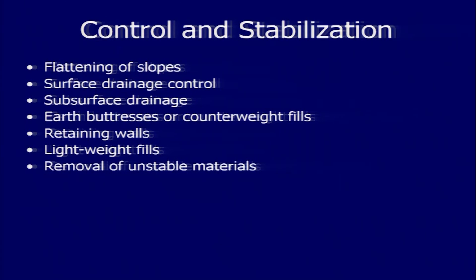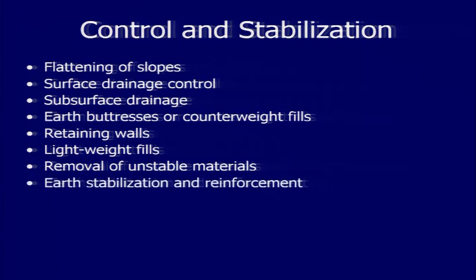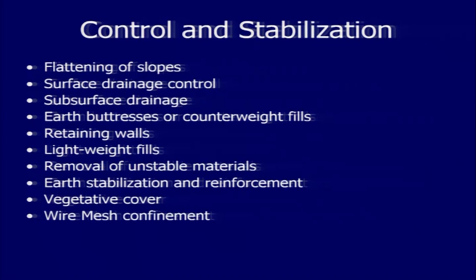Further, removal of unstable material, and you can reinforce using better material. Earth stabilization and reinforcement, vegetation cover, and wire mesh confinements where you expect rock falls, so you can protect that by putting wire mesh. And a combination of any of these can be used depending on the site conditions.